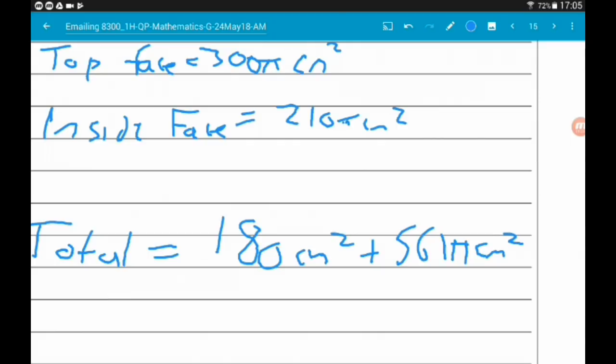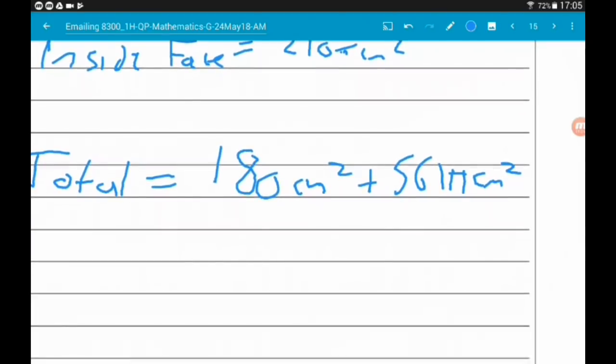So our final answer, we could write it as 180 add 561 pi centimeters squared, like that. Good times.